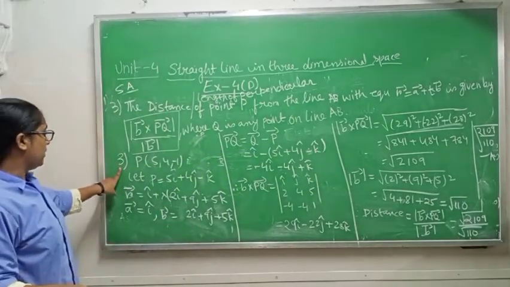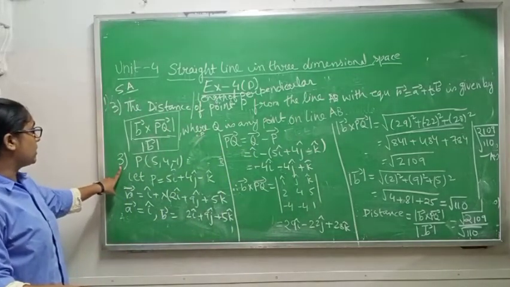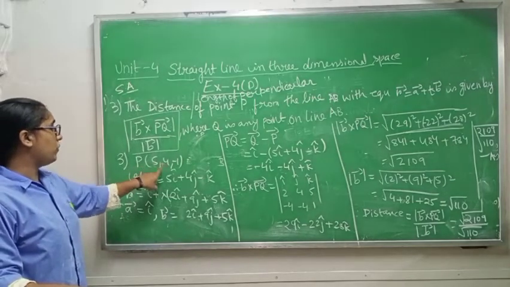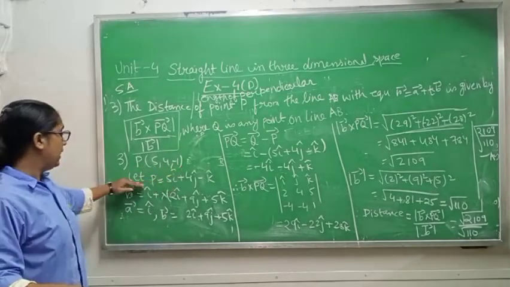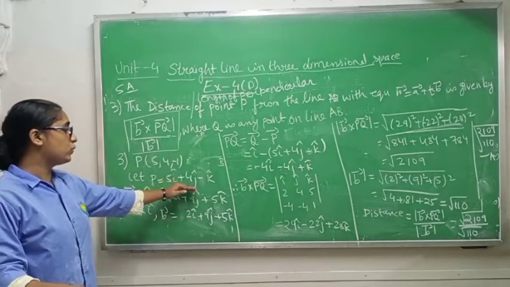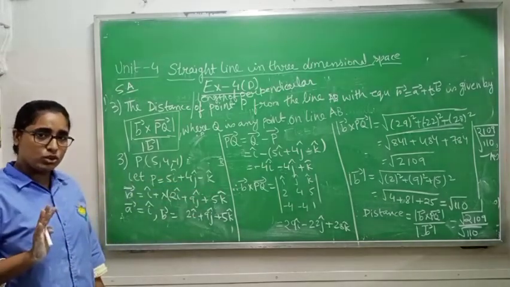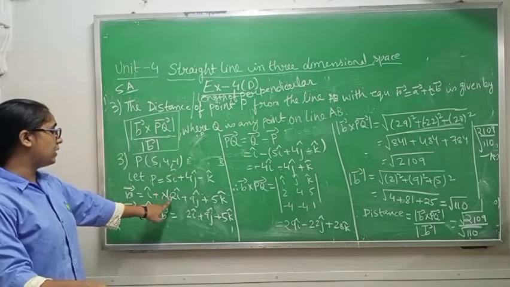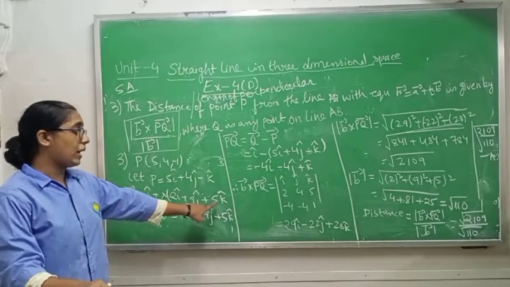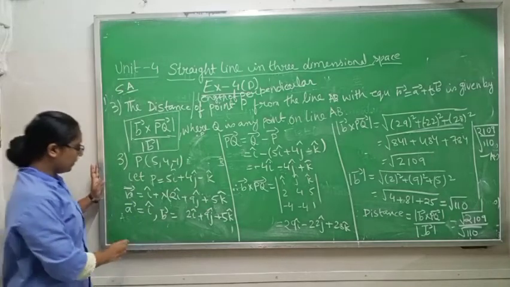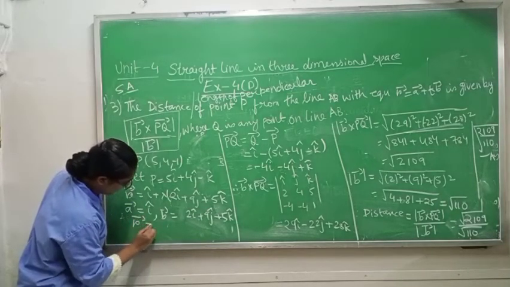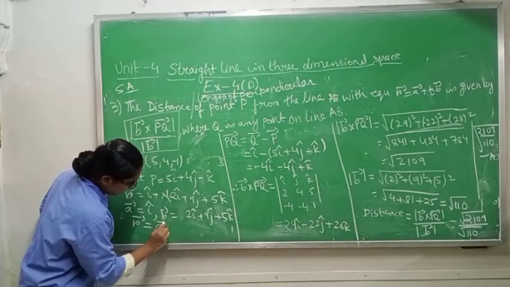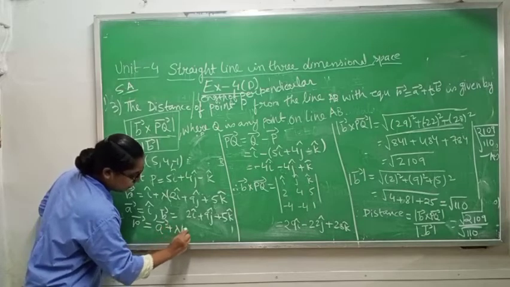Now see, question number 3, short answer. P is given as 5, 4, minus 1. Let P equal 5i cap plus 4j cap minus k cap. We can do this one, you know this. Now r vector is given as i cap plus lambda times (2i cap plus 9j cap plus 5k cap). Now from here, if you compare, r vector equation is a vector plus lambda b vector.